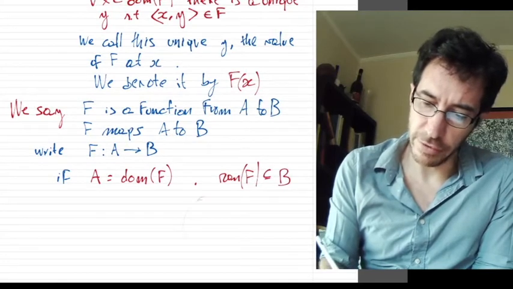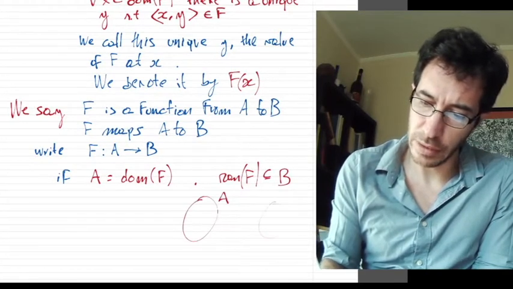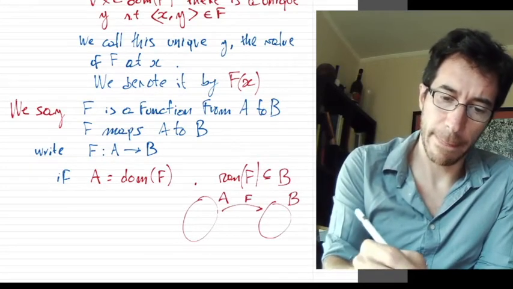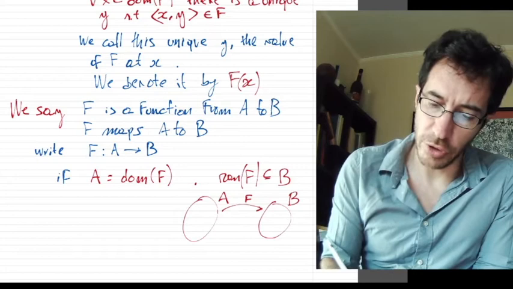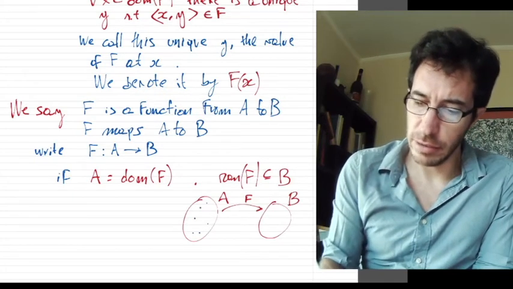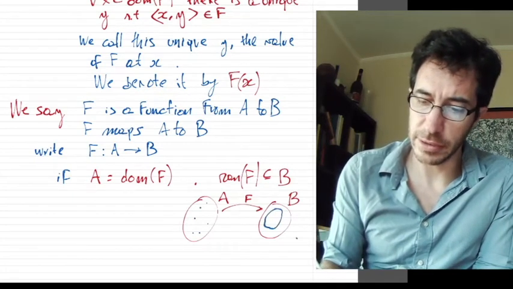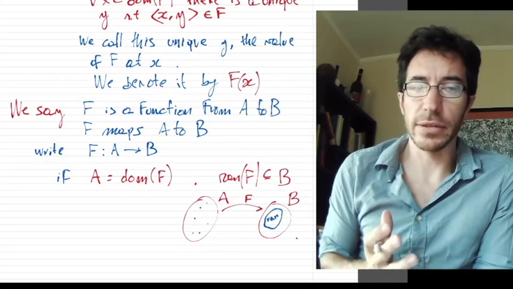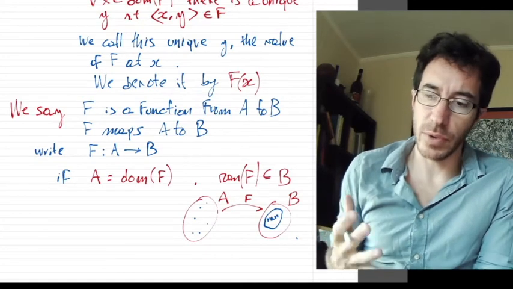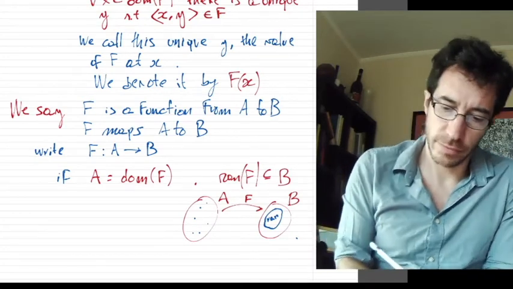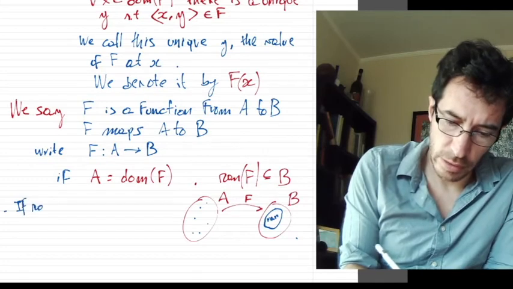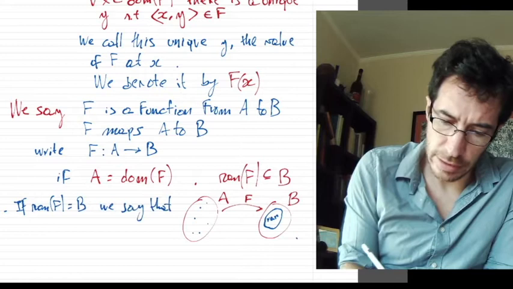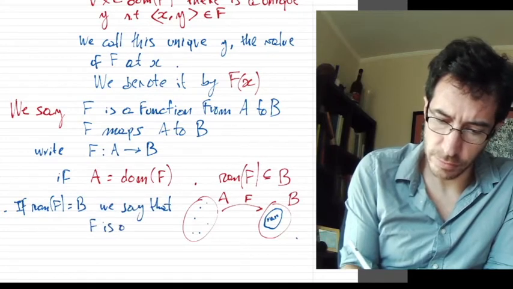So if f goes from A to B, then every point in A has an image, but the range is going to be a subset of B. When the range is actually equal to B, we say that the function is onto. So if the range of f equals B, we say that f is onto B.